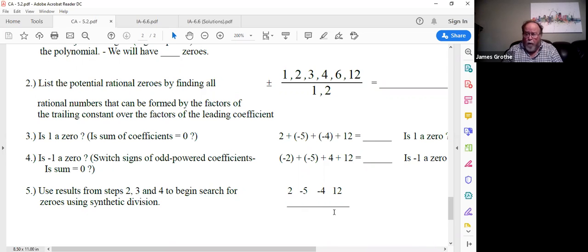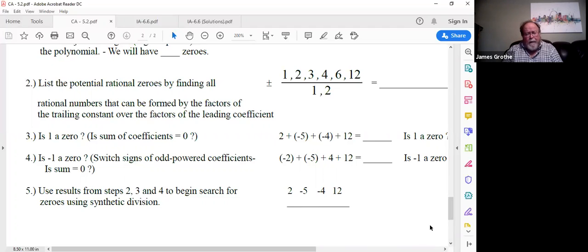And if you recall from one of our last 2 classes, alternating signs down here tells you that that is a lower bound, and you don't have to test anything smaller than that. So negative 2 is a lower bound. You don't have to try negative 3, negative 4, negative 6, or negative 12. They're not going to work.